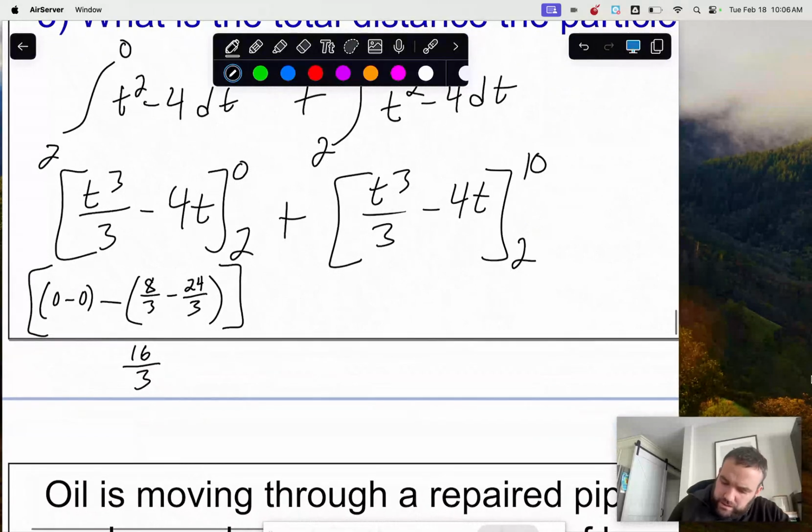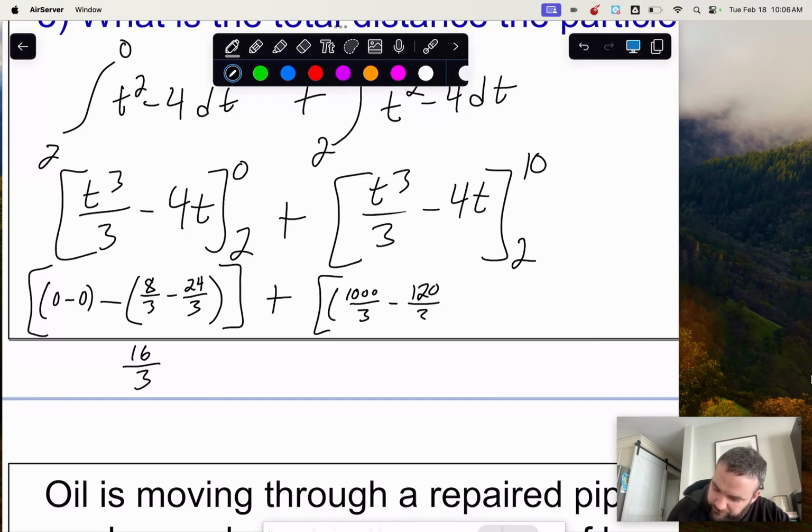But for the sake of total distance traveled, I need that positive number. And then if I add to that, we already did this calculation, but this is 1,000 thirds minus 40, which again I'm just going to put as 120 over 3, minus, and then I could plug in 2, but I already know what 2 is. I know 2 is 16 thirds over here.